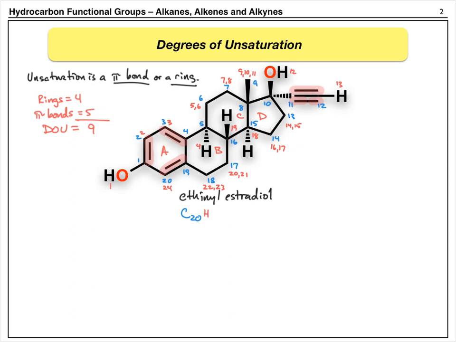So we have H24, and then we have 2 heteroatoms present, oxygens, so O2.